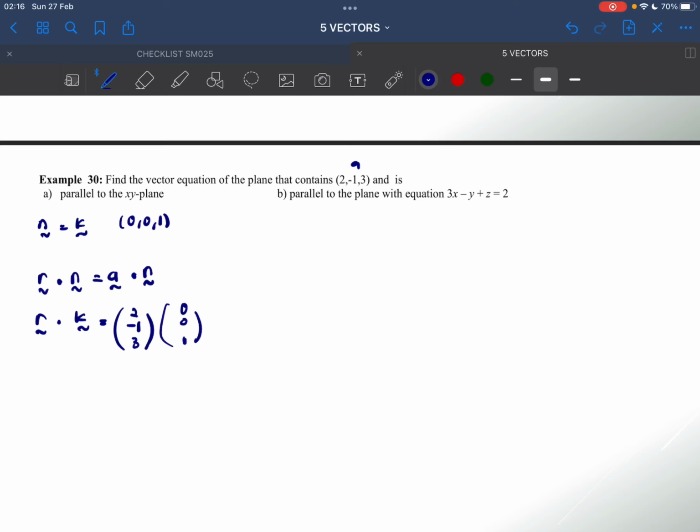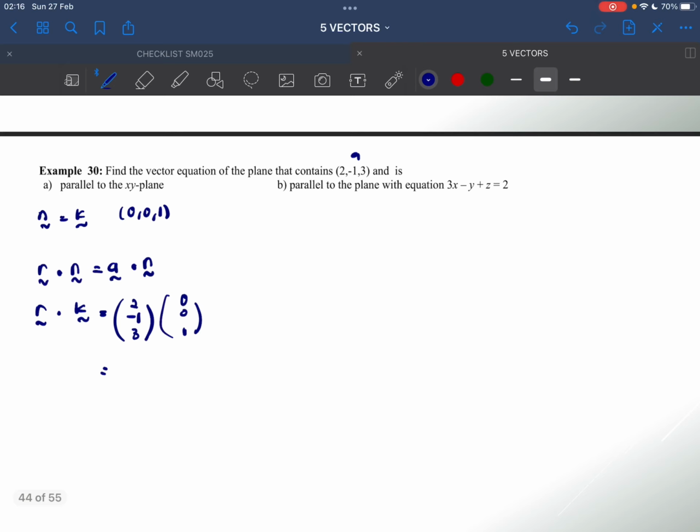So the dot product on the right hand side: we have 0 plus 0 plus 3, we get 3. On the left hand side, just r dot k. Okay, that is the vector equation.